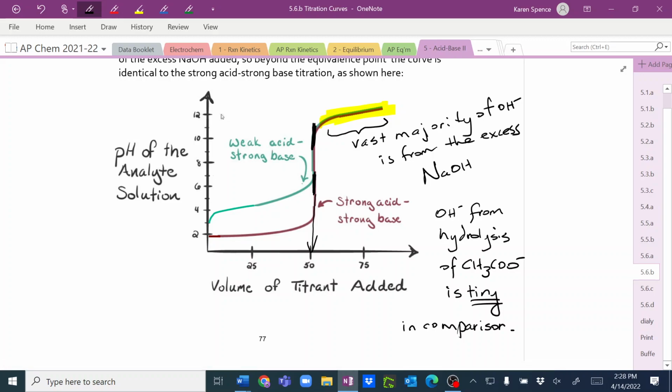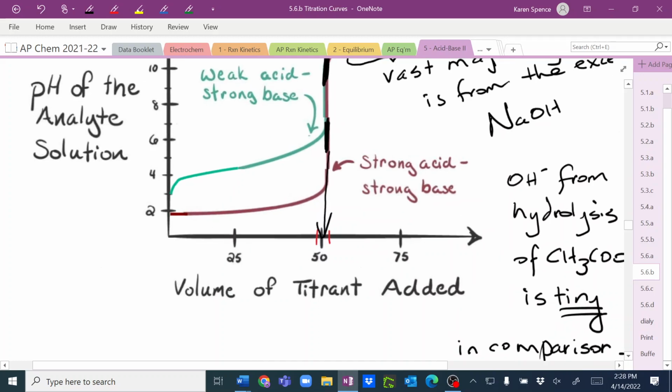So as long as you're hitting it fairly closely, even if you're out by a drop this way or that way, and I've drawn those drops as being incredibly huge compared to what they would be, you're still really close to the volume. So your calculations of the number of moles will be really similar. That's why it's so nice that it has that really steep portion, because it's pretty much the same. Okay?